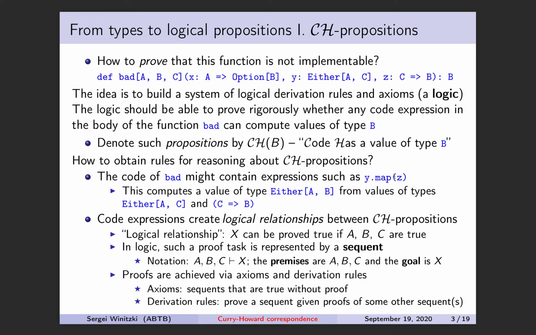Now, each expression of this kind means that you can compute a value of a certain type given values of some other types, which means we have a logical relationship between CH propositions about these types. So CH of this follows from CH of this and CH of that. So that's a logical relationship that says that one thing can be proved if you can prove the other things.